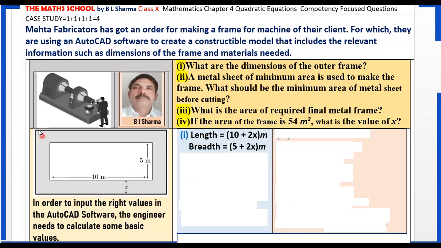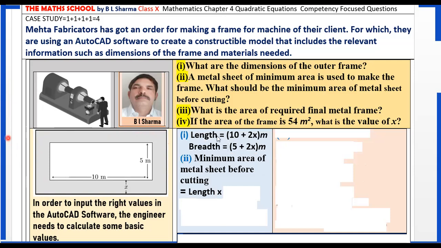And now we come to the second part. Minimum area of metal sheet before cutting. We know this is total before cutting. This is the frame. This is metal sheet. The area of metal sheet means here it is a rectangle, and area of rectangle is given by length into breadth.